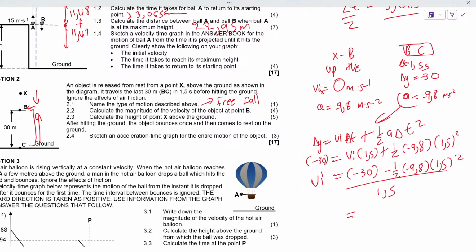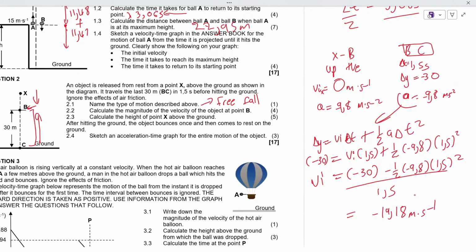How much do you get there? I'm still calculating. I got negative 19.18 meters per second.